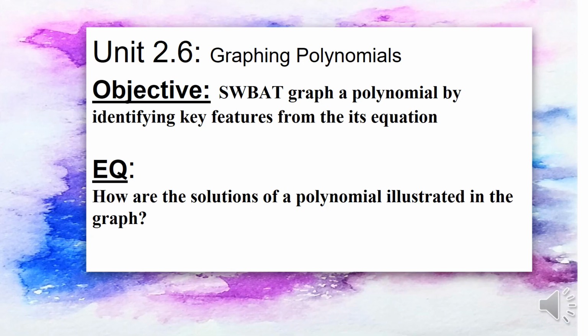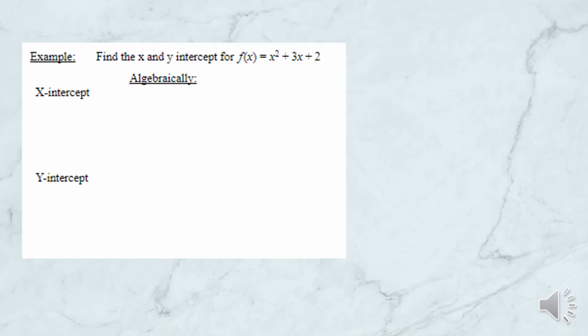In 2.6, we were graphing polynomials by identifying key features from its equation. And our question is, how are the solutions of a polynomial illustrated on the graph? In this example, we're asked to find the x and y intercepts of x squared plus 3x plus 2. To find the x-intercept, we need to set our y value equal to 0 and solve.